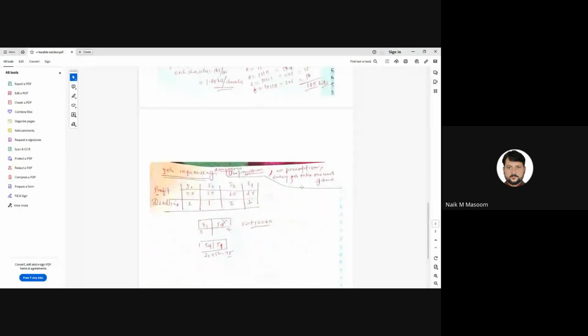Yes, sir. Now this is your job sequencing algorithm, job scheduling. You can say anything, job sequencing. In the job scheduling algorithm, you have some deadline.